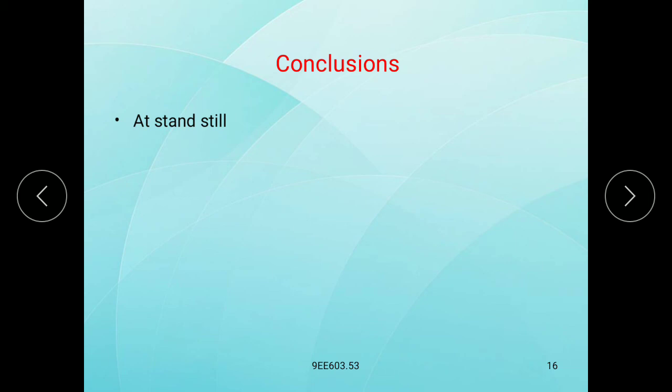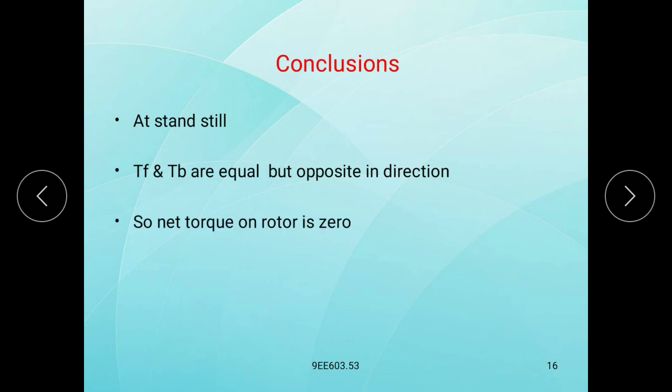In conclusion, at standstill, Tf and Tb are equal but opposite in direction. So the net torque on the rotor is 0, and the single phase induction motor is not self-starting.